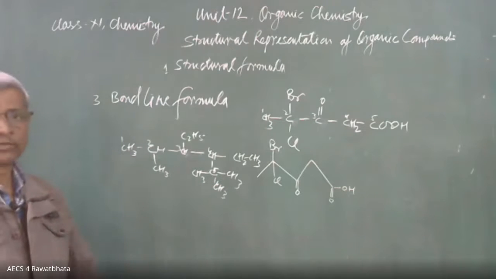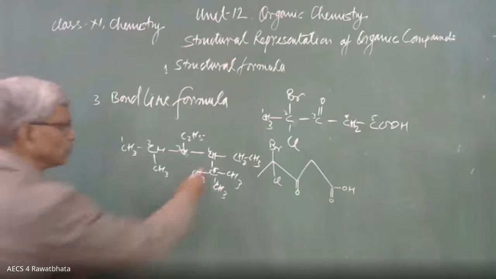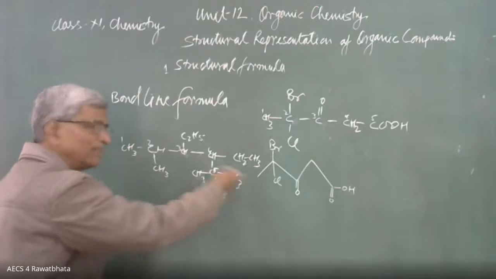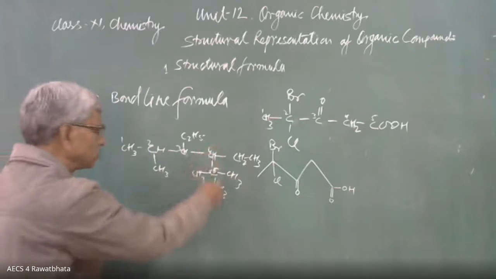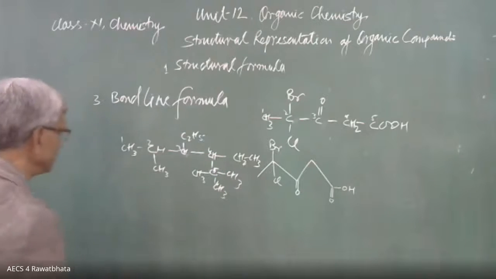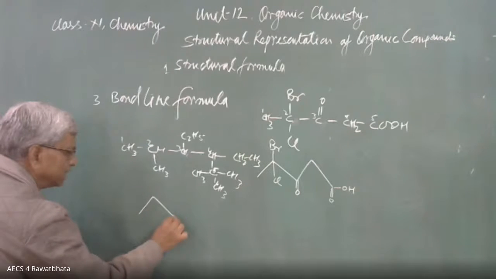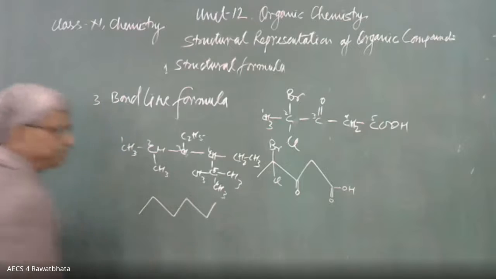Okay, 6 carbon atoms in one line. 6 also on this side, but if we take this 5 and 6, then it is slightly complicated. So it is better to take it this way, 5, 6. So right, 6 carbon atoms, 1, 2, 3, 4, 5, 6. These are the 6 carbon atoms.